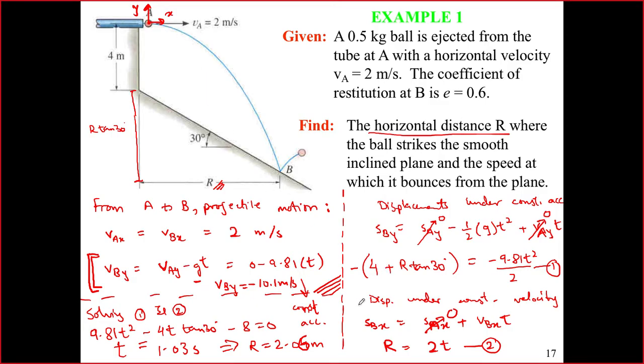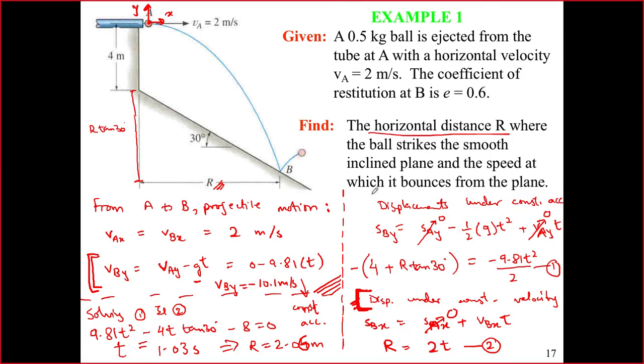So in the x direction then, इधर देखियेगा please, I have a case of displacement under constant velocity, which I have written down the expression right here, which is s_Bx, मतलब final displacement जो होगी, that is going to be the initial displacement plus the velocity times the time. So that's why I get this expression right here, r is equal to 2t.